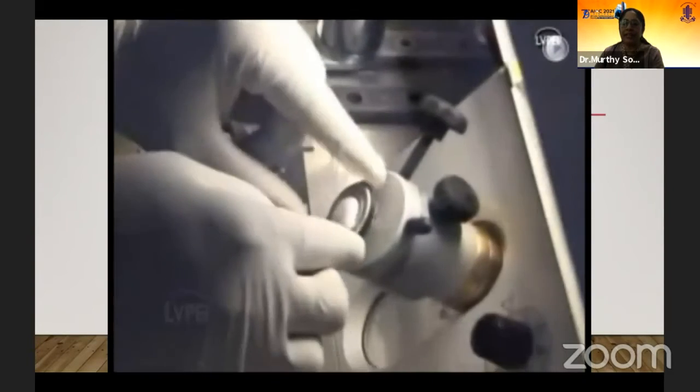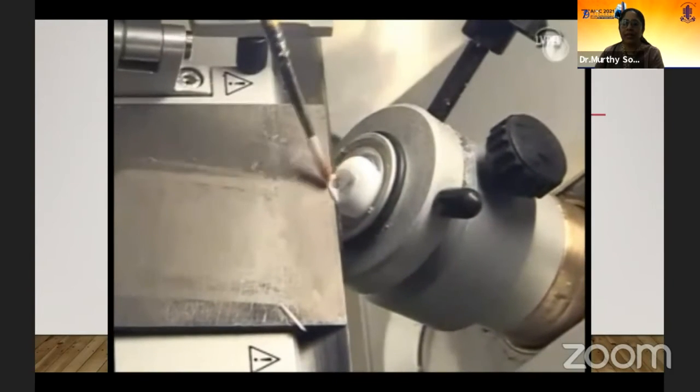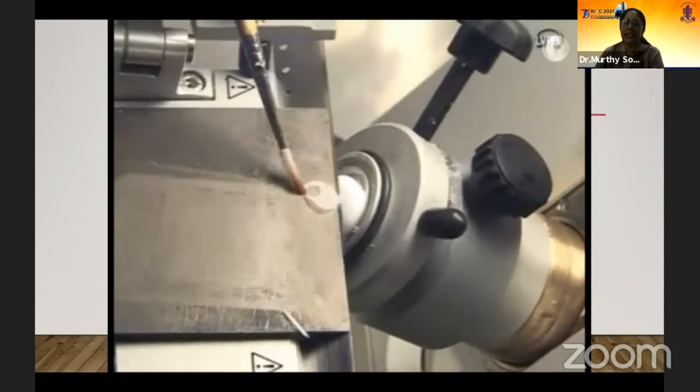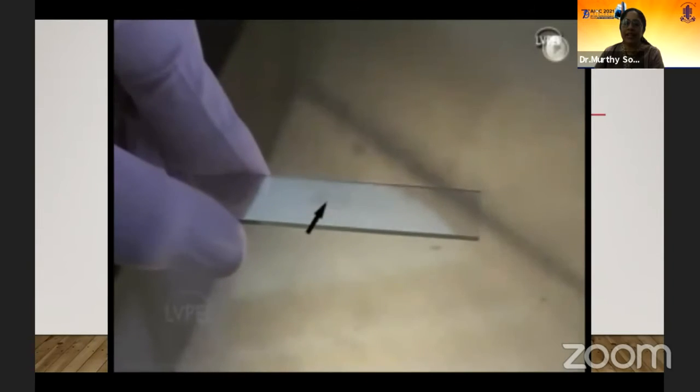And then that specimen with the OCT medium is placed on the cutter, and then slowly the sections are taken. And then finally, these sections are mounted on the cover slide, and we can immediately examine this under microscope after staining for immunofluorescence.